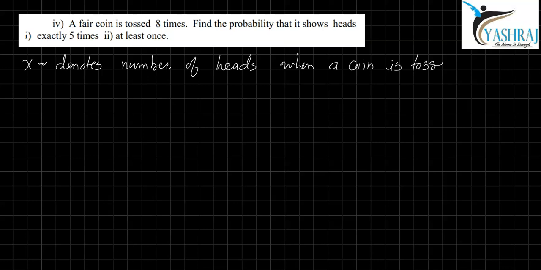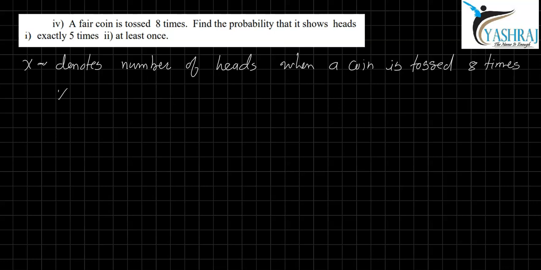A fair coin is tossed 8 times. Find the probability that it shows heads first exactly 5 times and secondly at least once. So here our random variable x denotes the number of heads when a coin is tossed how many times? 8 times.